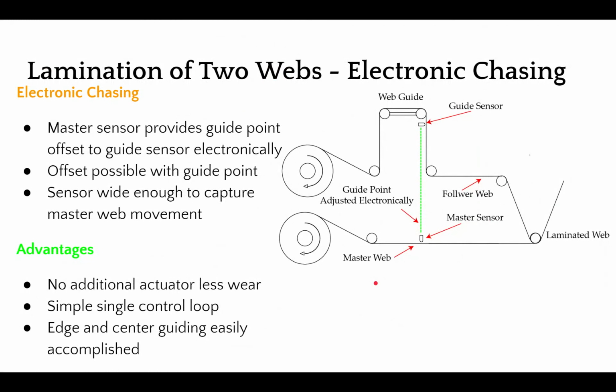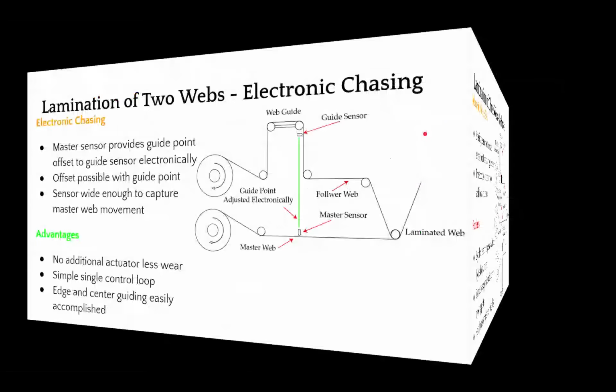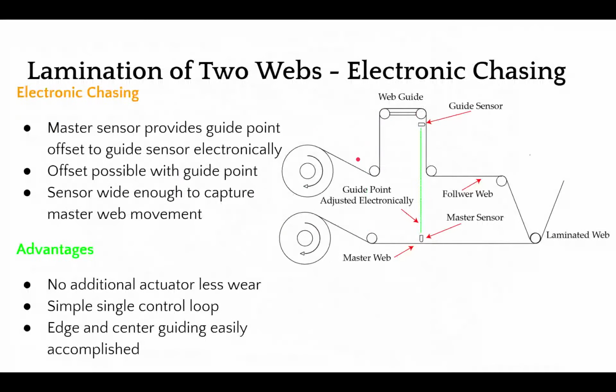What is the modern way of doing it? It is basically to use the feedback from the master sensor and send that as an electronic guide point adjustment for the guide sensor.